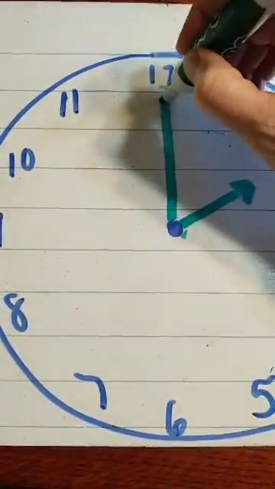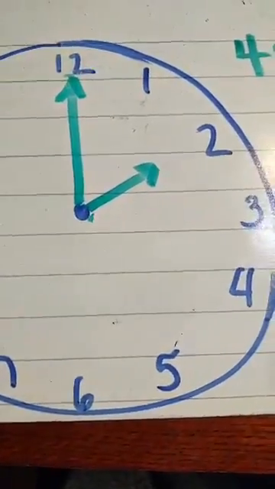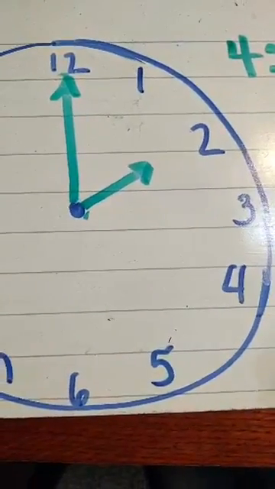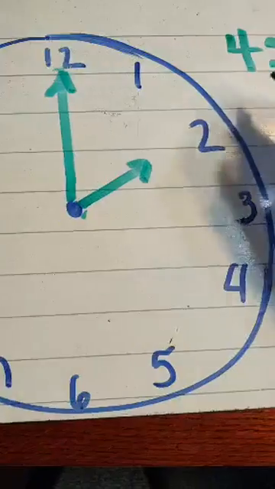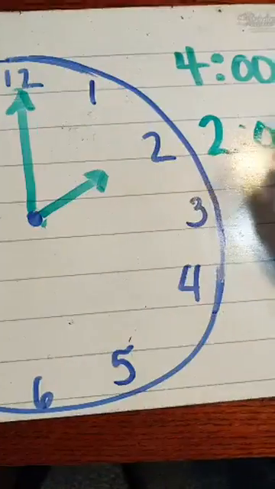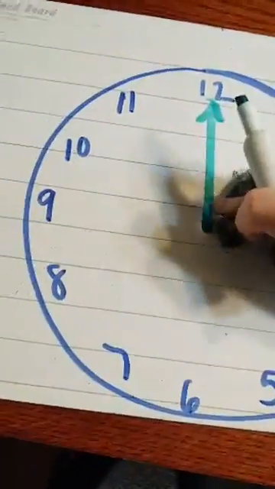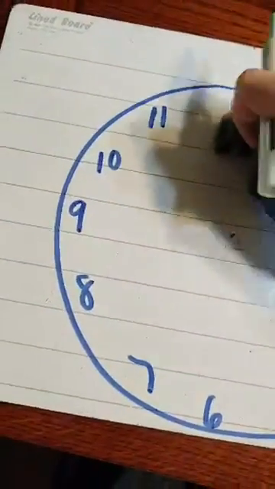Minute hand directly at the 12 and it's longer. Okay, so if I was to write, first graders, what time would this read? 2 o'clock. Okay, let's try another one of those.